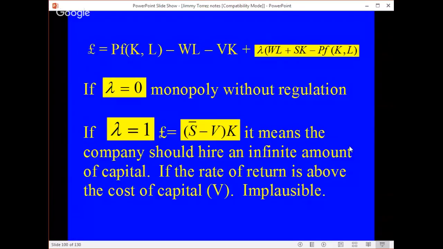The more capital I hire, the more profit I have. Of course, that's implausible. There's limits to how much I can hire, and of course, the regulators wouldn't go along. So we know that lambda has to be, if they're regulated, somewhere in between 0 and 1.